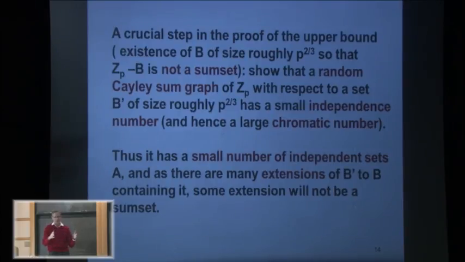So this is simple. I don't know if it was possible to follow, but at least it gives you the flavor of things. If we would know that indeed a random Cayley graph has as small an independent set as I think it should, then this would give the square root p in that question of Green.